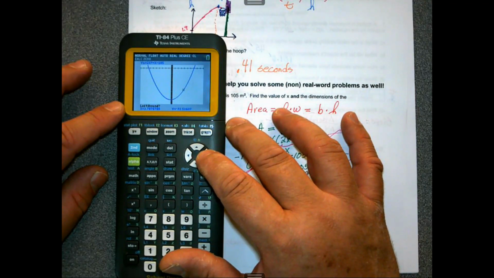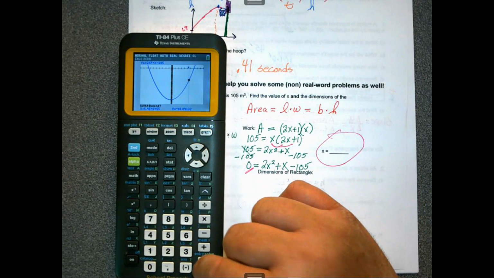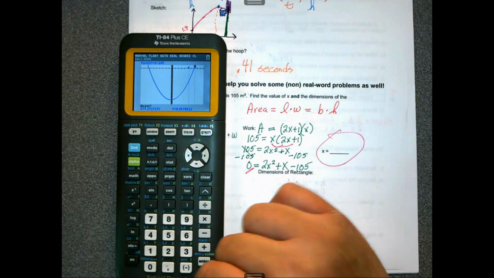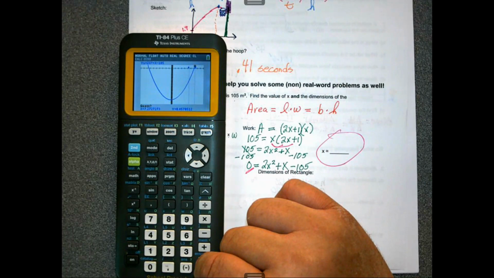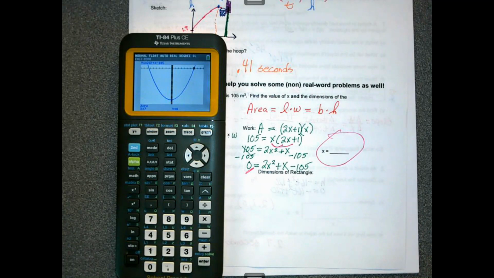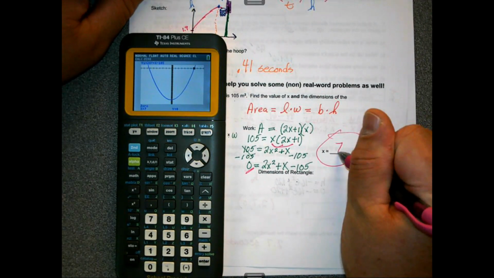I'm just going to get a little closer. Stay to the left of there. Enter. Now I need to be to the right of it, or really I need to cross the x-axis here. Hit enter for the right bound, and then it's asking me to guess. Hit enter for yes, and my x-intercept is 7.